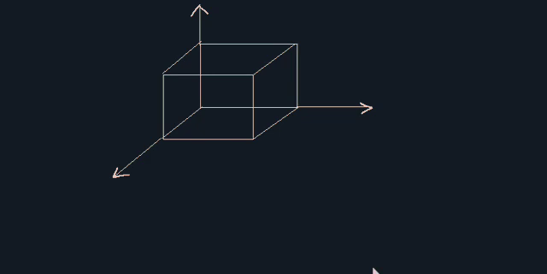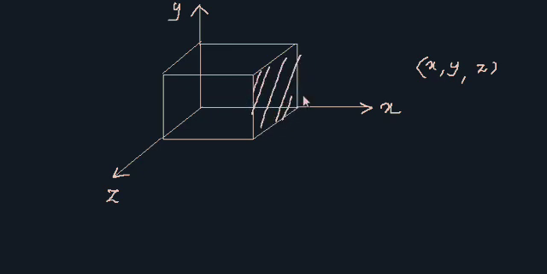So if you have a cube like this with x, y, and z axis, you can define any point in the cube with these 3 coordinate values, and you can move this plane to infinity. You can also move this plane to infinity.